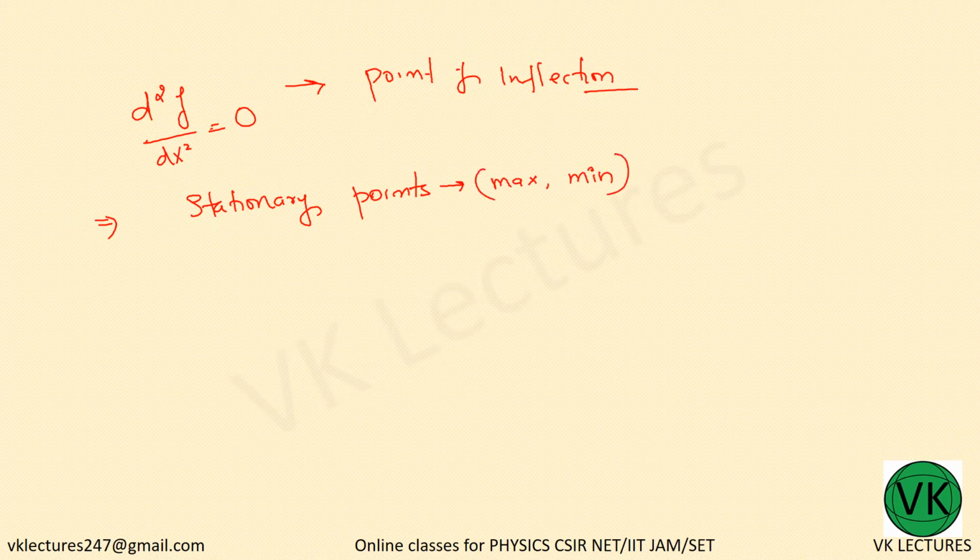Stationary points. Another term is equilibrium points. Equilibrium points. Wherever you find these terms, you must understand we are just finding the slope. Okay. Stationary point, equilibrium point. Somewhere you will also find critical points mentioned. Critical points.